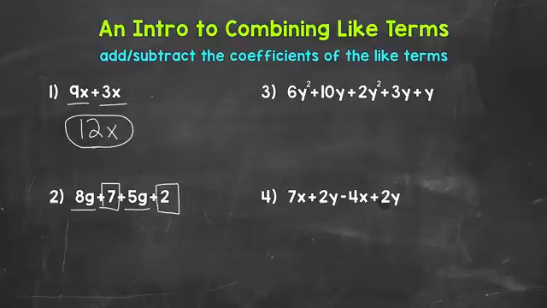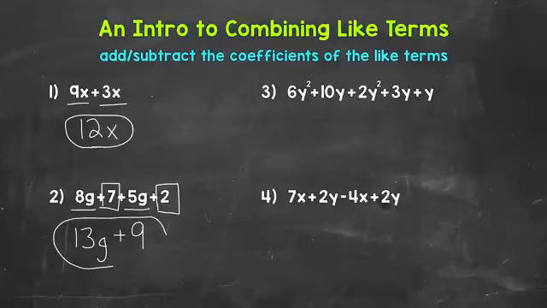Now we can combine like terms. We have 8g plus 5g. That gives us 13g. And then we have 7 plus 2. That gives us 9. So we end up with 13g plus 9. And that's our simplified expression. That expression of 13g plus 9 is equivalent to the original expression.